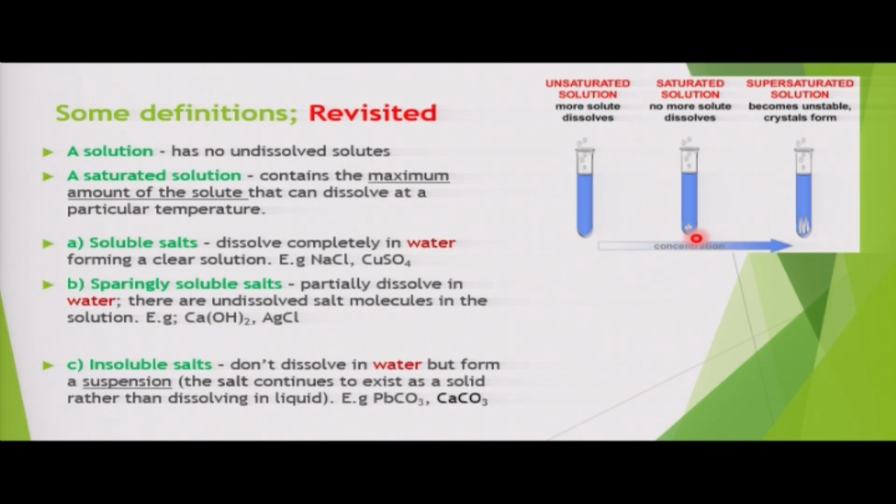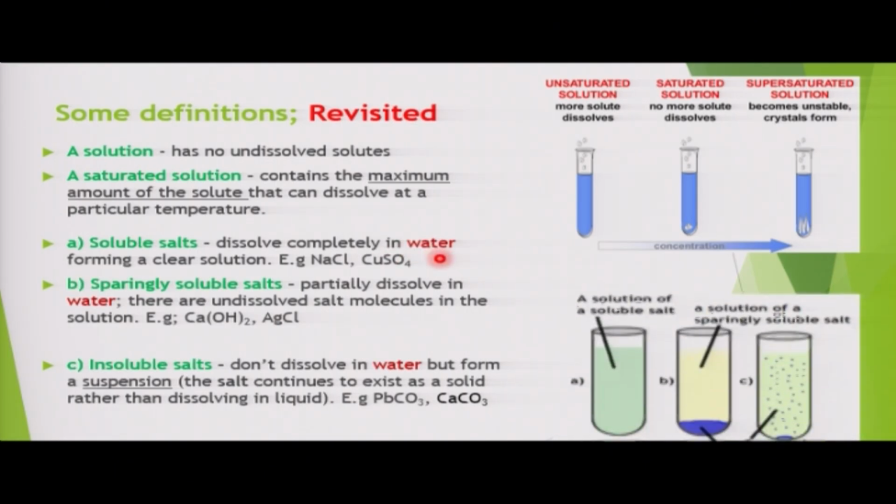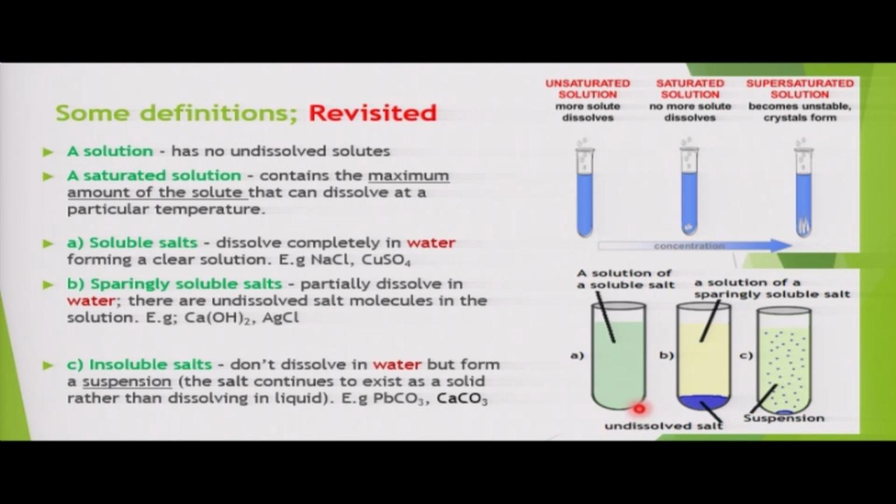Then sparingly soluble is in between. So what is a soluble salt? Simple. It completely dissolves in water, forming a clear solution. This is the example. You don't have any undissolved molecules in it. It is clear. When that salt dissolves in water and forms a clear solution, we call that salt soluble, mostly if it is within an unsaturated state.